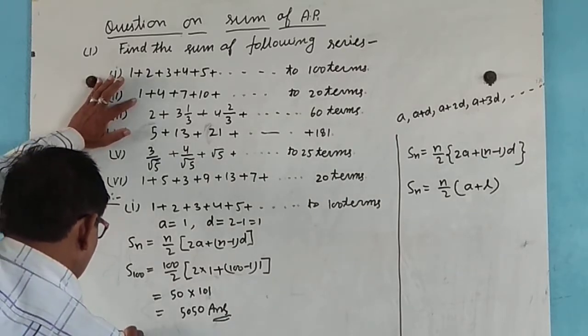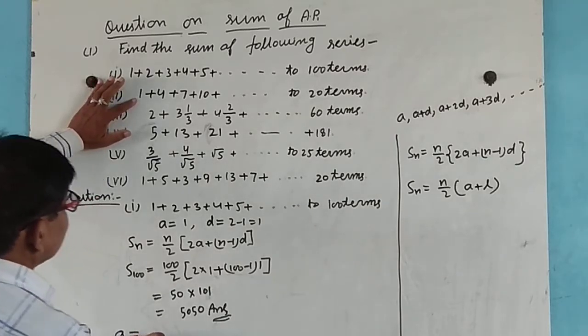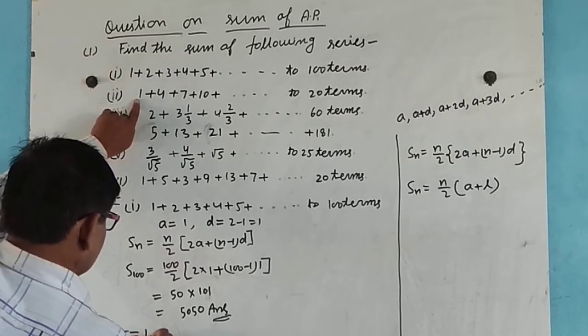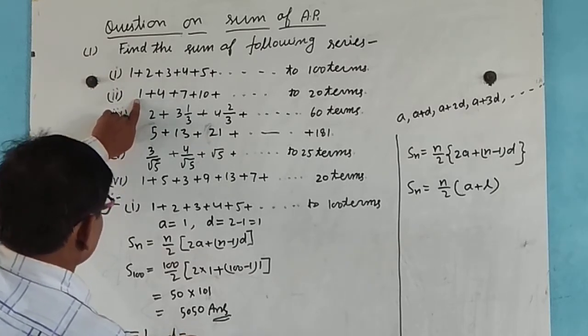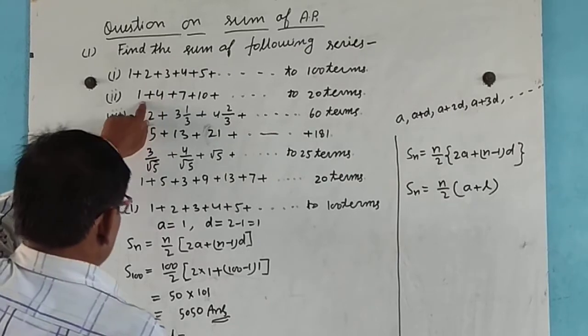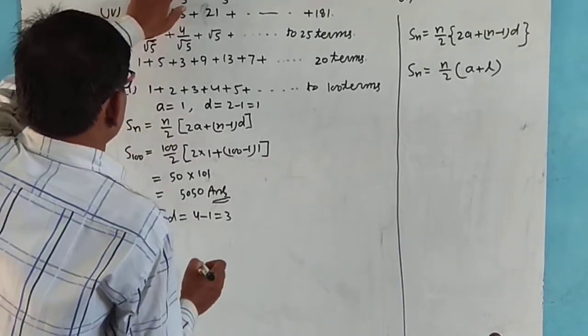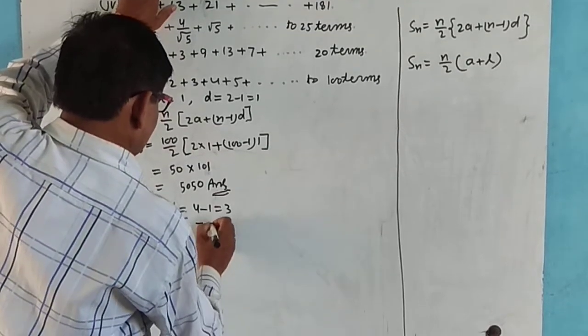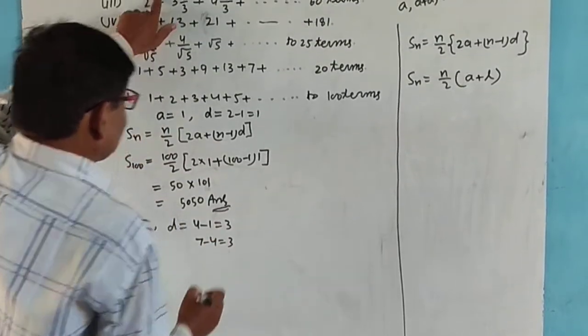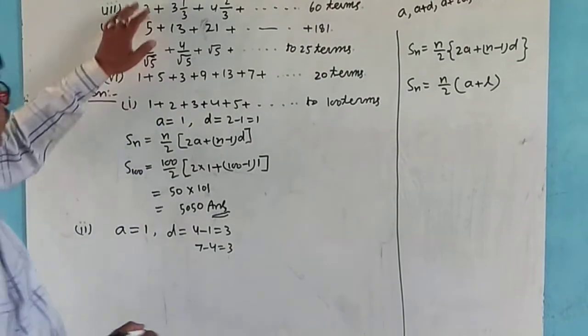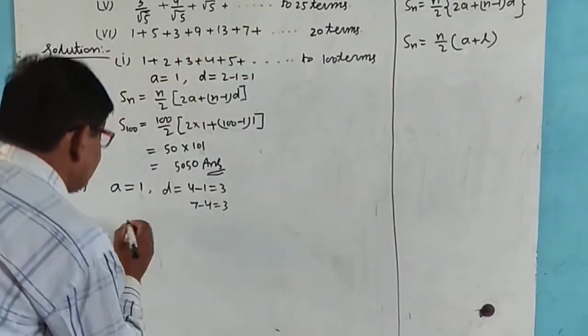Now a is equal to 1 and common difference d is equal to 4 minus 1, that is equal to 3. 7 minus 4, that is also equal to 3. So that we have 20 terms.